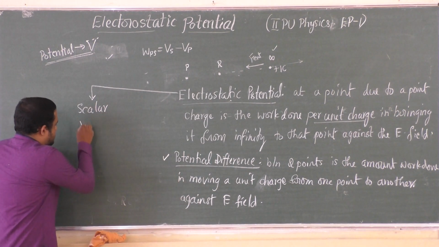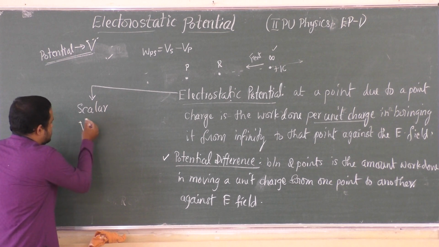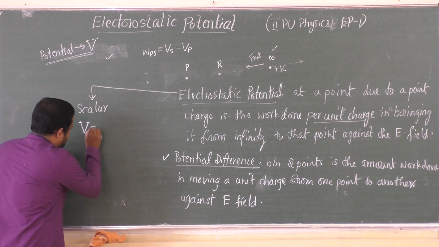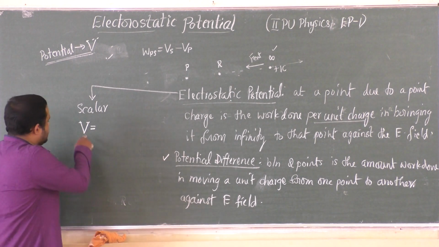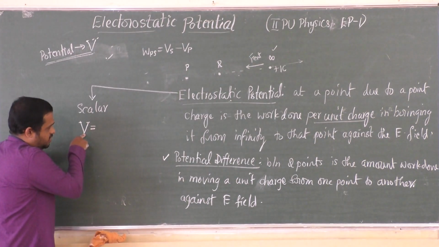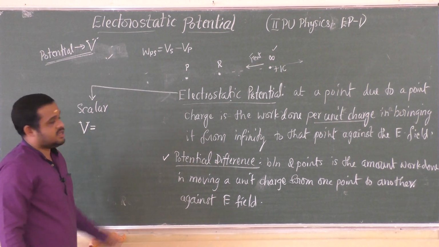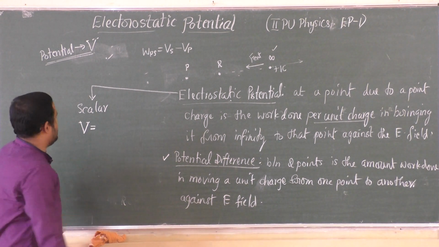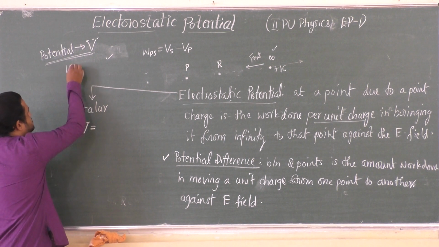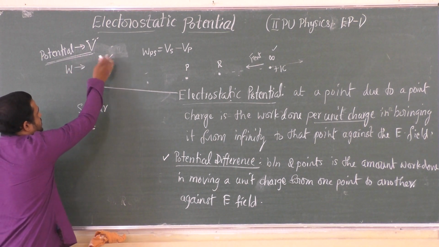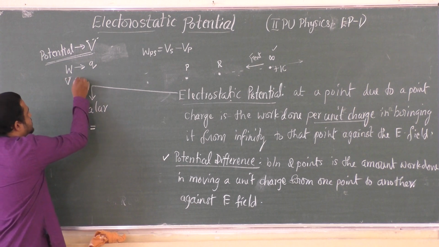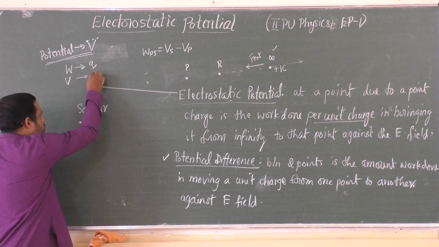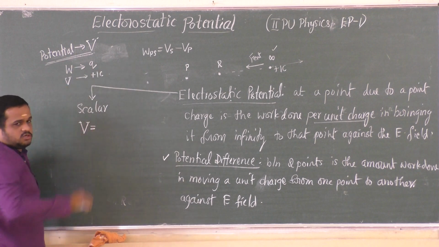And if you want to get the unit of this electric potential, electrostatic potential is nothing but work done per unit charge. If W is the amount of work done in case of charge Q, then V is the work done in case of unit positive charge, that is 1 coulomb.